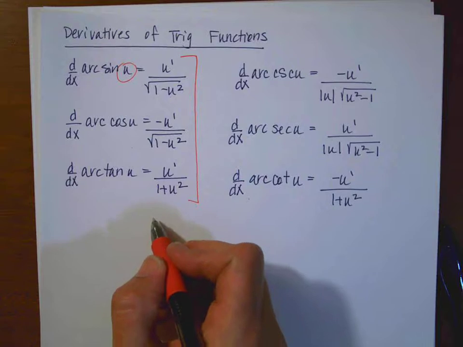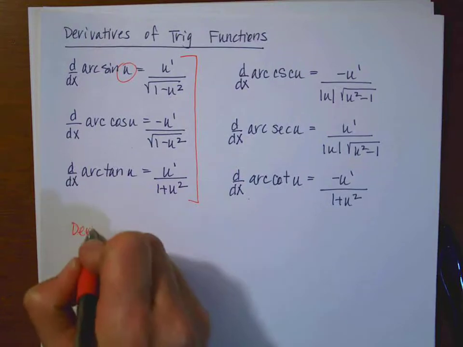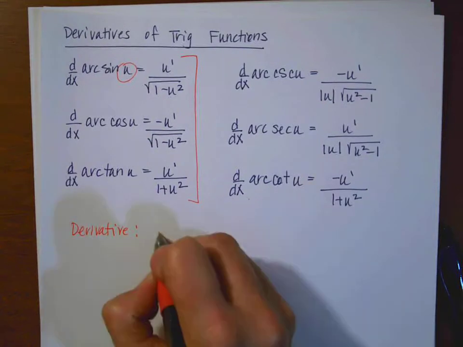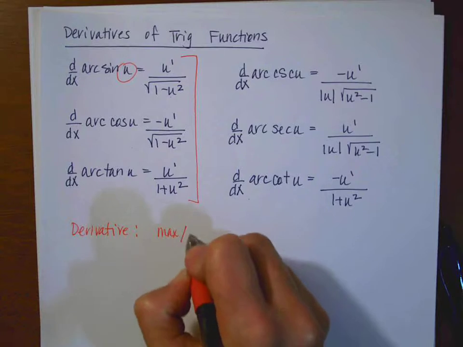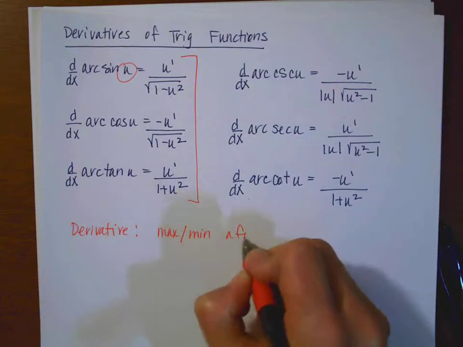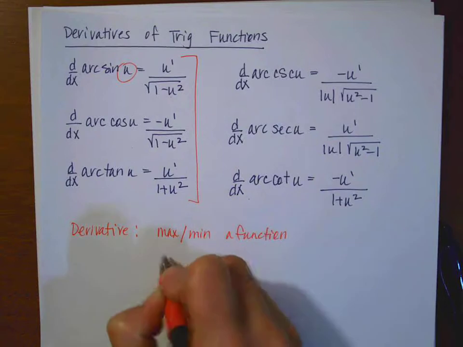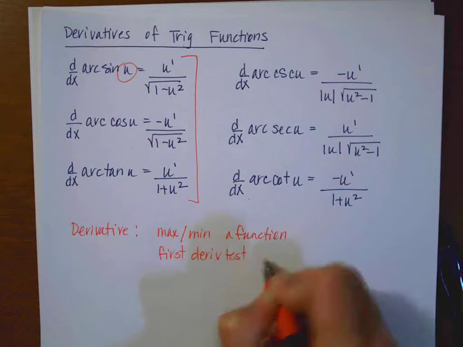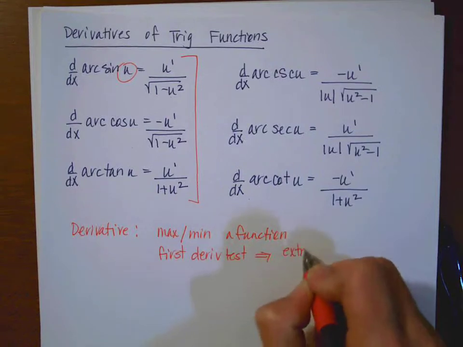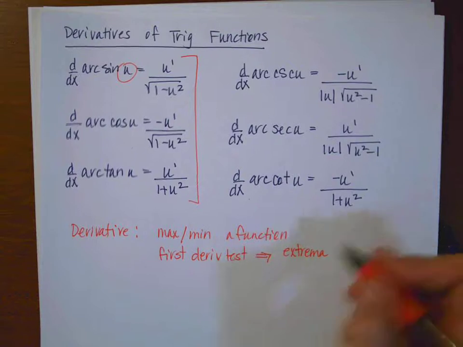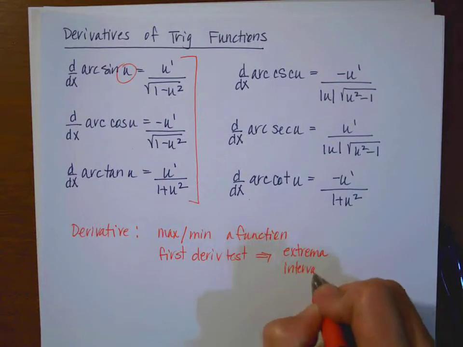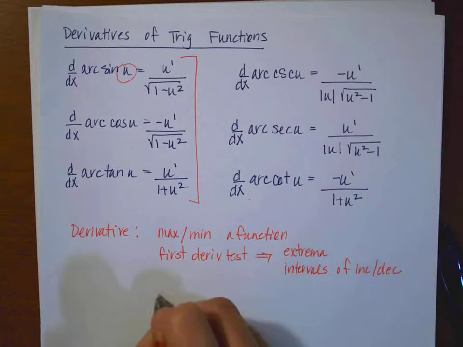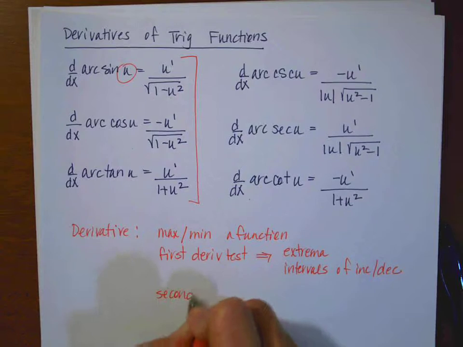All right. Because we now know how to take the derivatives, and I'll do a couple of examples for us, but because I know how to do a derivative, that means that I also know all of these other things. I could maximize or minimize a function. I could do the first derivative test, and remember that would show me my extrema, and it would also show me my intervals of increasing and decreasing.